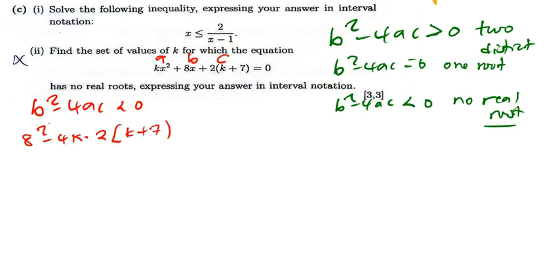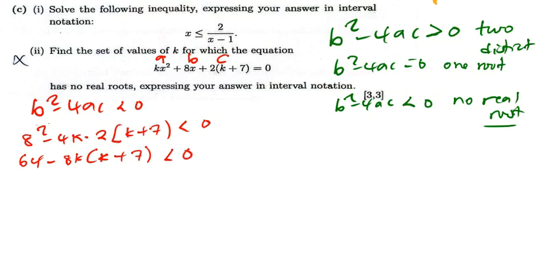That is my expression less than 0. So 8 squared is 64 minus, so it's more like I have 4 times 2 is 8, 8k, times k plus 7 less than 0, like that.